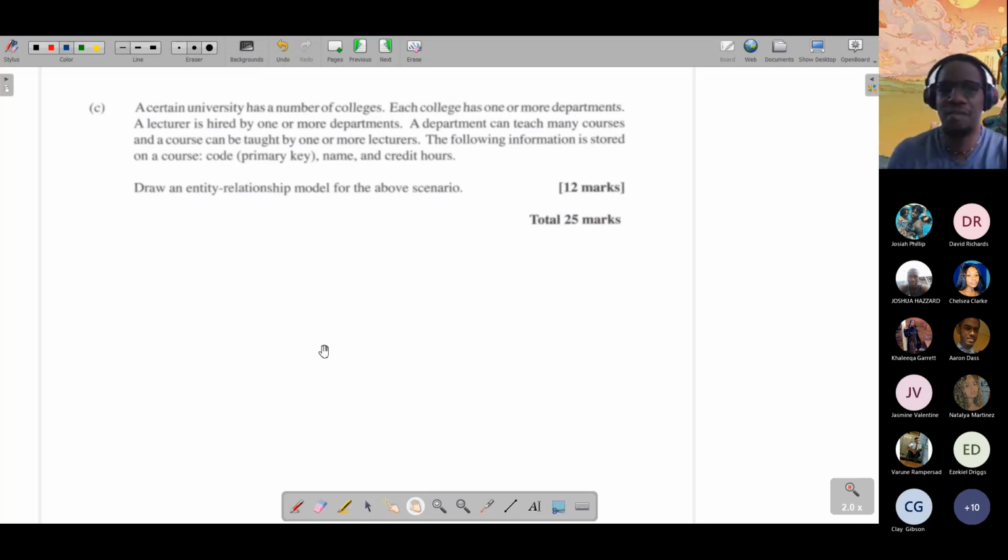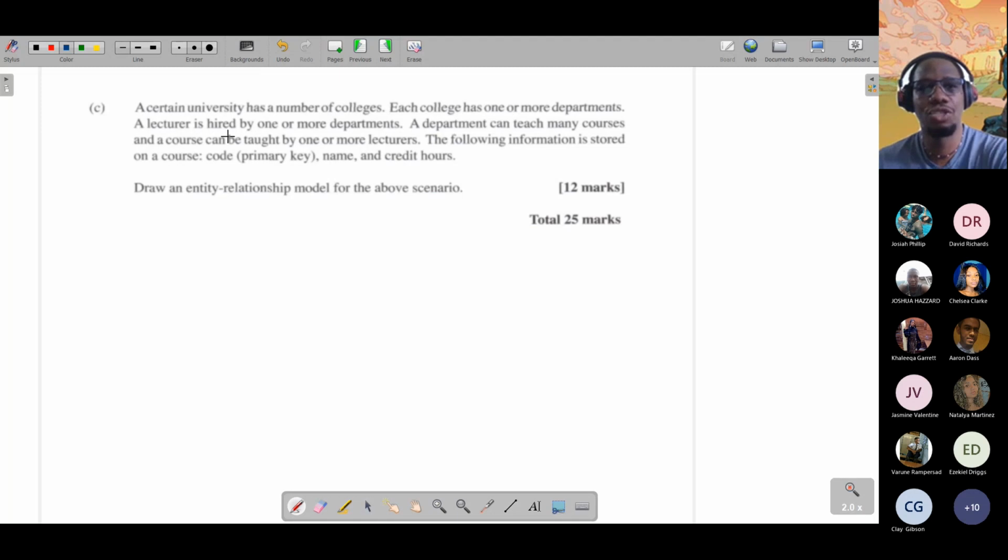This is 12 marks out of 150 marks, so that is about 6 or 7% of your exam. Once you can draw a decent entity relationship diagram, then that's easy marks locked. The 25 marks is because I took it from the bottom of the question, and that's not really relevant to us here.